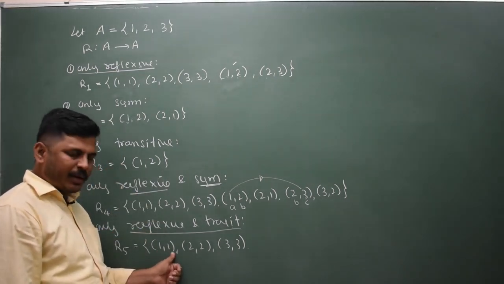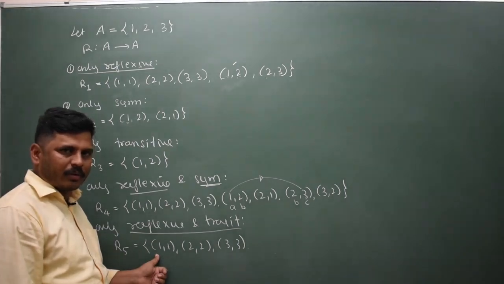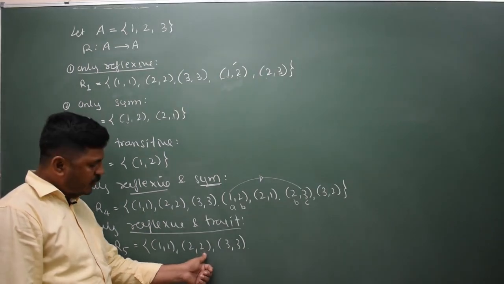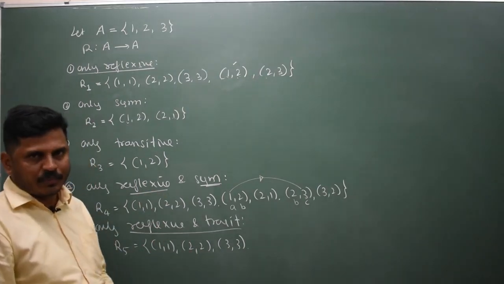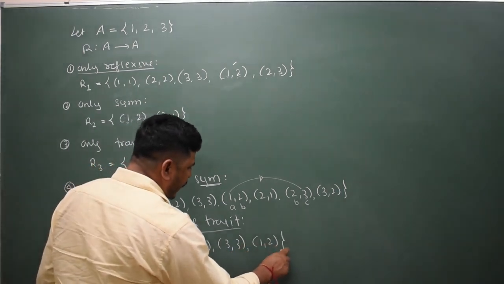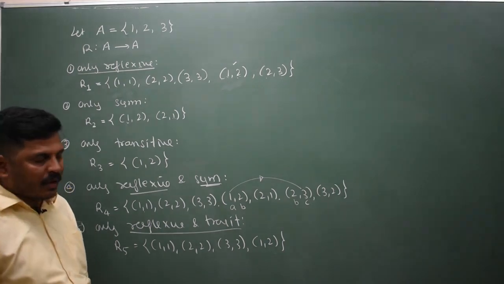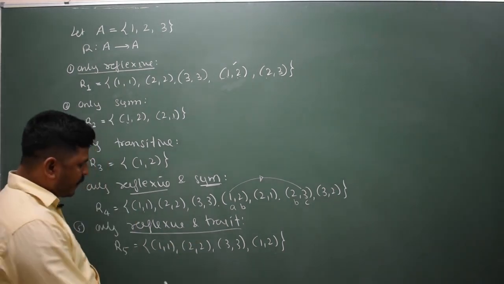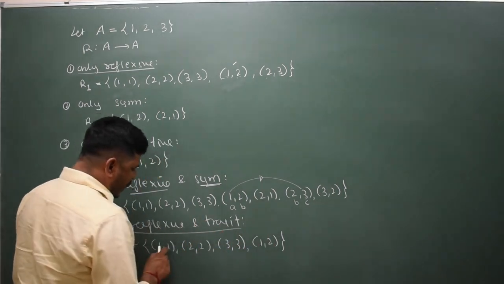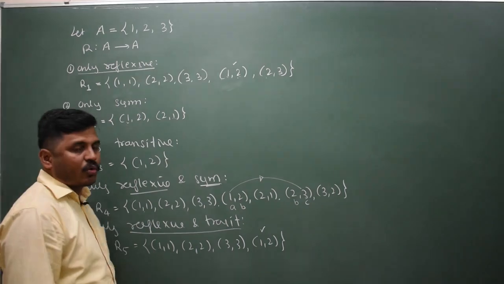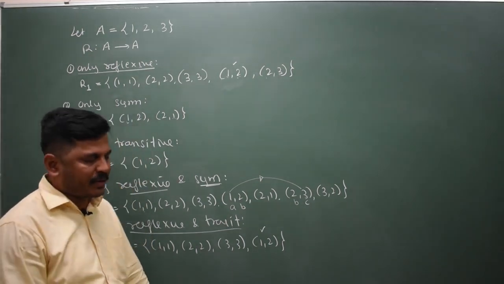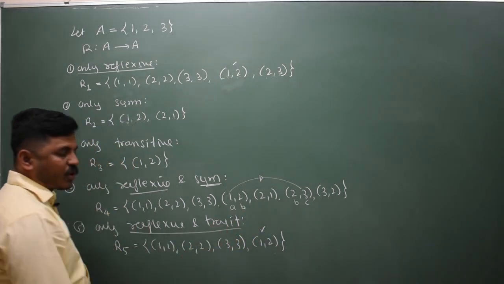A is related to B, so B is related to A, 1 comma 1. 2 is related to 2, so it is symmetric also. But it should not be symmetric. So can I add 1 comma 2 and not add 2 comma 1? Is it transitive? First check. A related to B, B related to C, then A related to C. 1 is related to 2, it is there. It is transitive, but not symmetric, because 1 2 is there, 2 1 is not there.